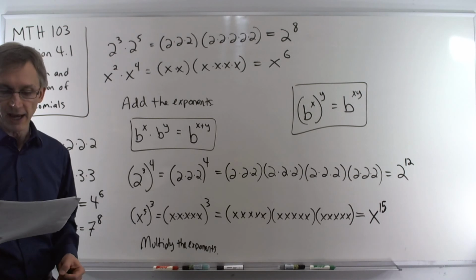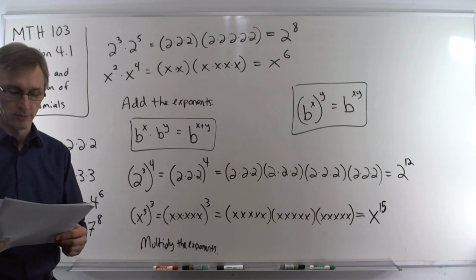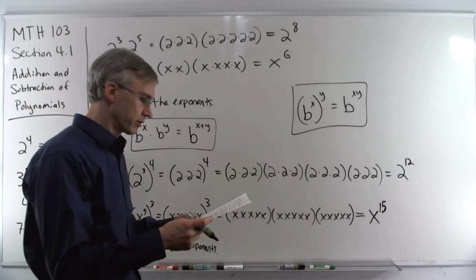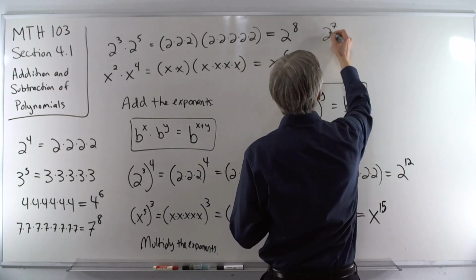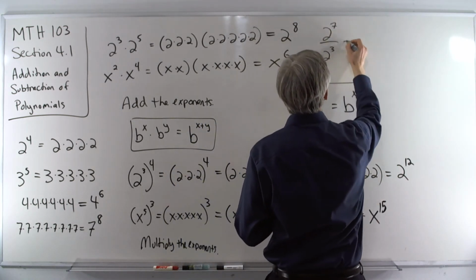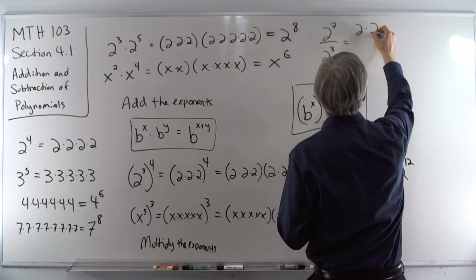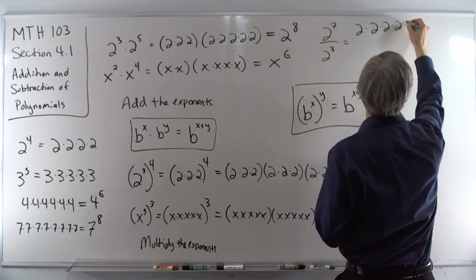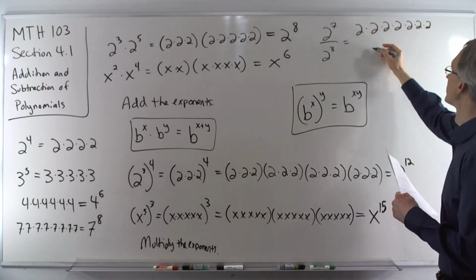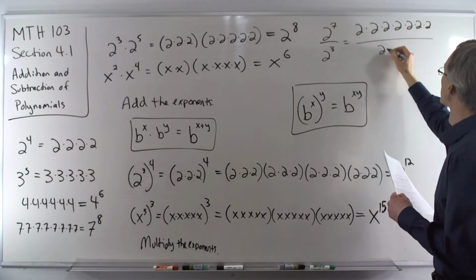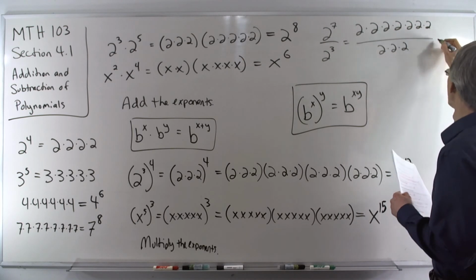Next up, we're going to divide exponentials with the same base. First one, we got 2 to the 7th over 2 to the 3rd. All right, there's 7 2's on top and 3 2's on the bottom.